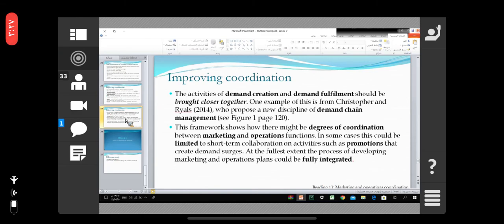So it says but lacking in the short term collaboration. There must be short-term cooperation on an activity such as a promotion. Okay, why? The promotion creates one surge that raises the demand on some certain product.